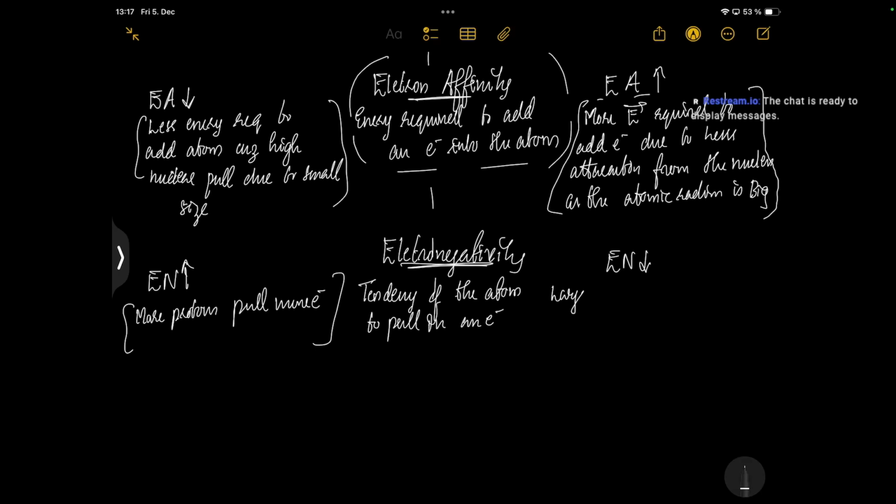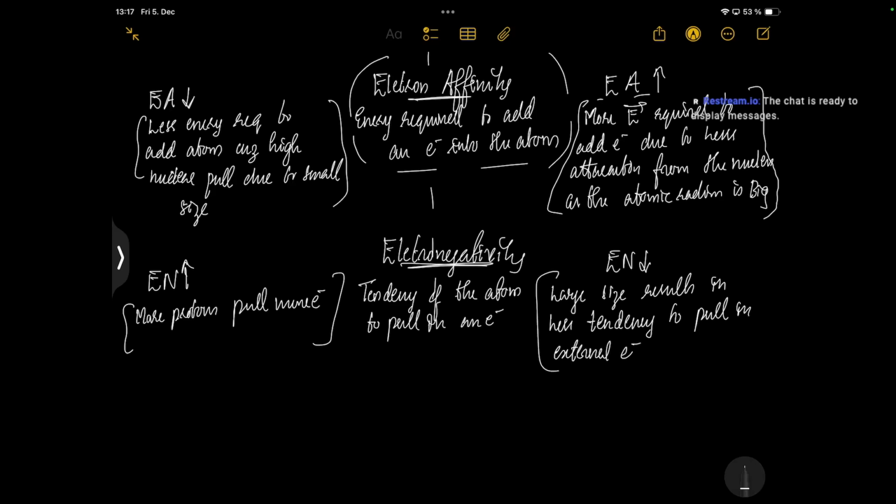Large size results in less tendency to pull in external electrons. Forgive my vocabulary, I'm still learning, okay?